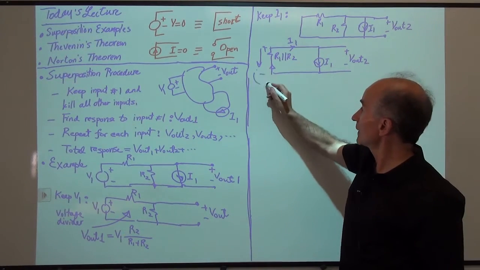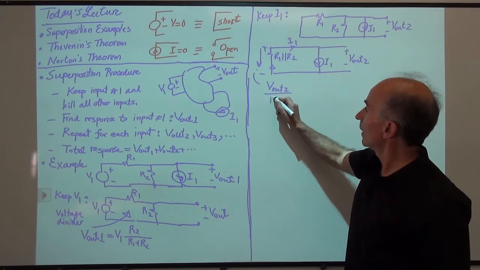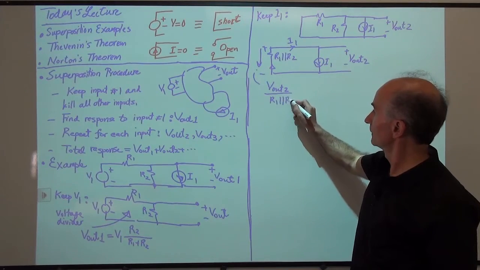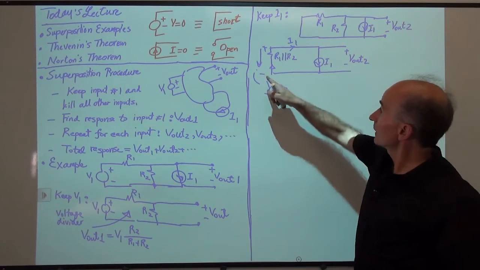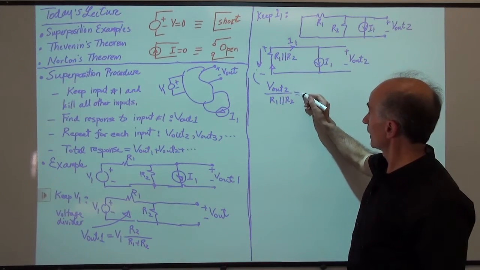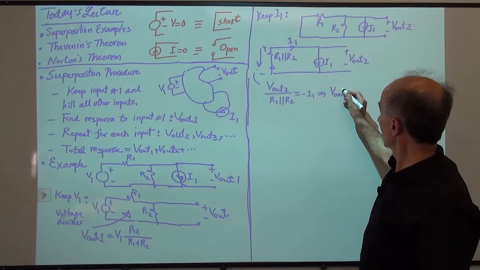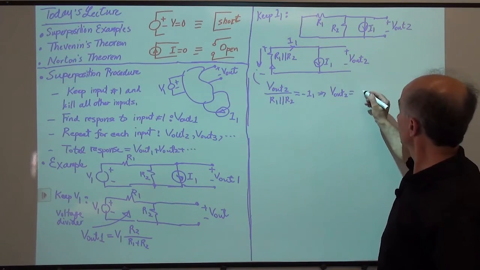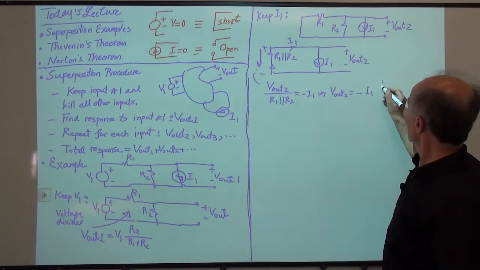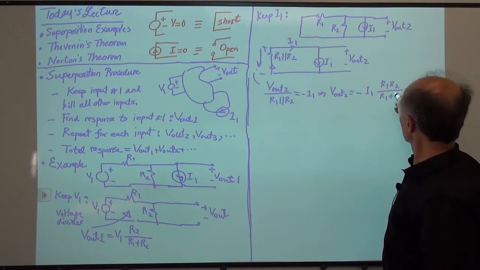So you can say that this current is V out 2 over R1 in parallel with R2. And then this current, if it's going this way, is opposite of I1. So that has to be minus I1. So in any case, we see that V out 2 is just equal to minus I1 times R1 R2 over R1 plus R2.